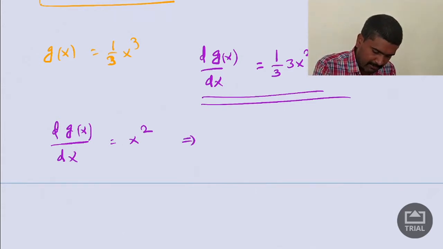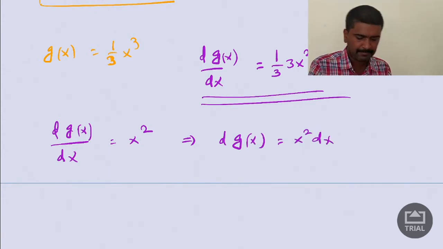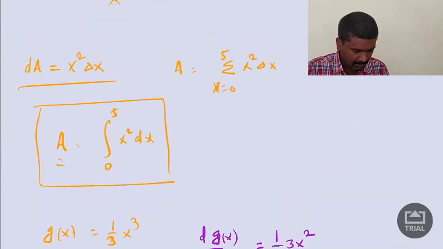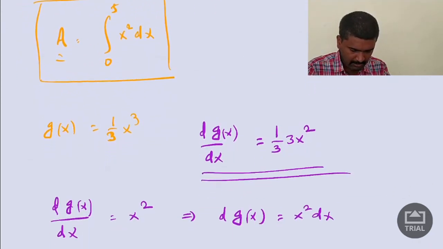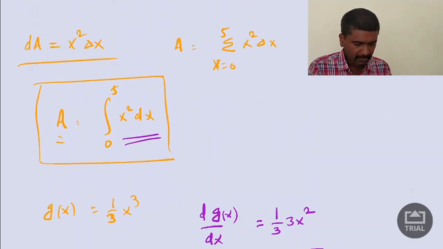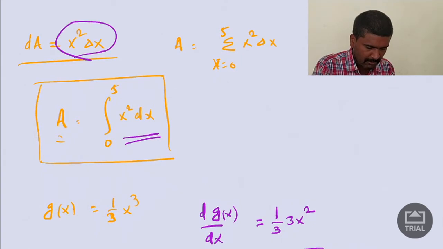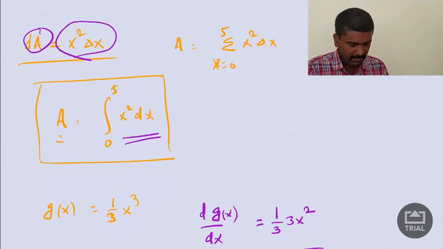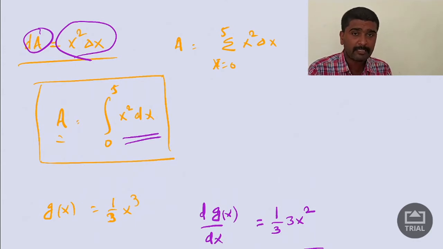Now from here I can write down dg of x equals x square dx. Now here x square dx, you look at this part, x square dx is this part, that equals the area under the x square curve when you change x from x to x plus delta x.